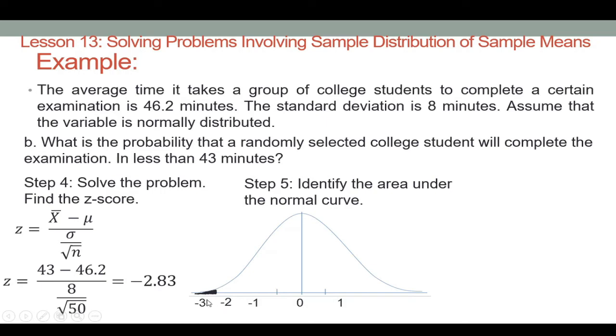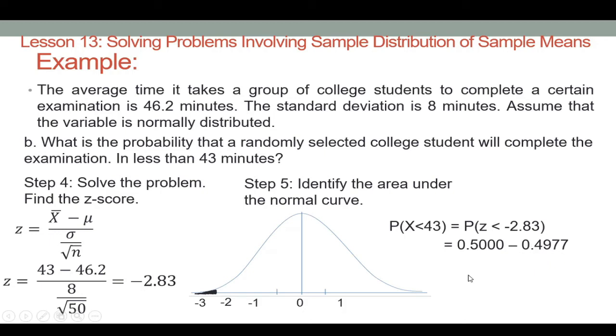At paano natin kukumpitin yung area na yan? Based on the illustration, again, the shaded area does not overlap the mean. Therefore, very good, we subtract. We subtract the area of 2.83 from 0.5. Very good. Here is the solution. Ayan. Ang area ng 2.83 based sa z-table ay 0.4977.